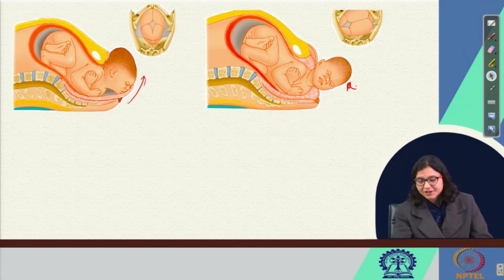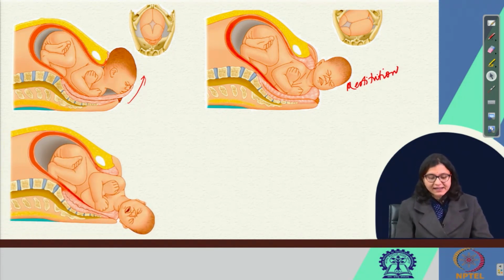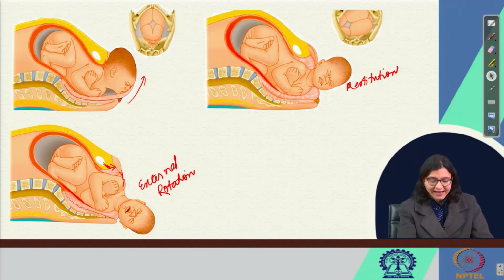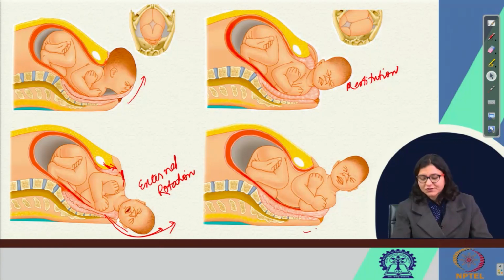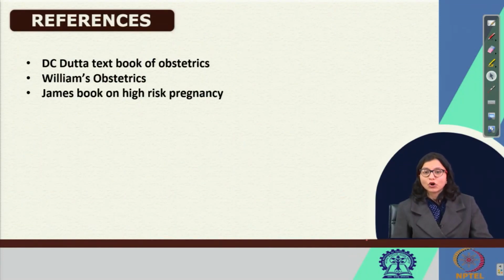There will be restitution, thereby relieving the torsion in the neck, and then there will be external rotation due to the internal rotation of the shoulders, thereby the shoulders coming just below the pubic symphysis, and the anterior shoulder will hinge below the pubic symphysis and the posterior shoulder and rest part of the body will be borne by the process of lateral flexion. So, these are the cardinal movements occurring in case of normal labor.